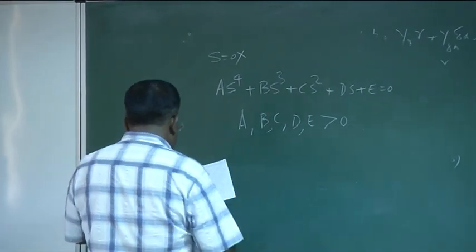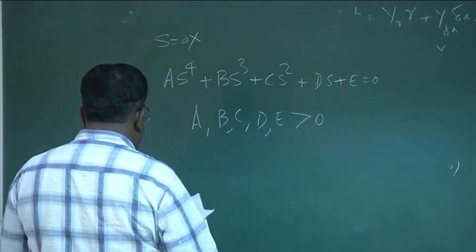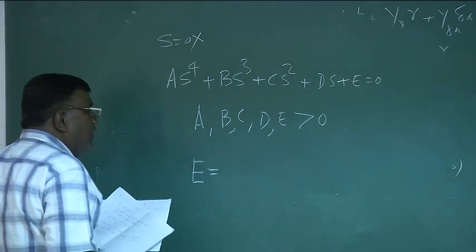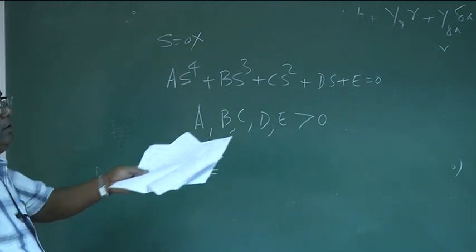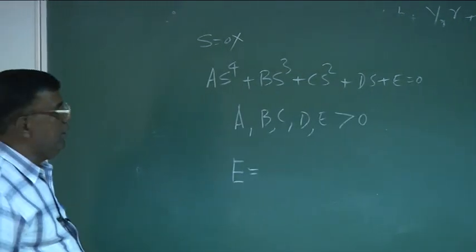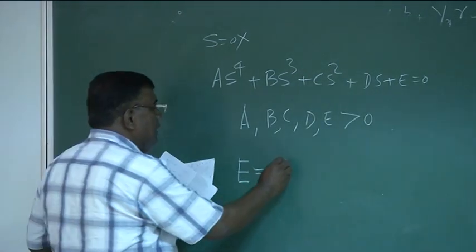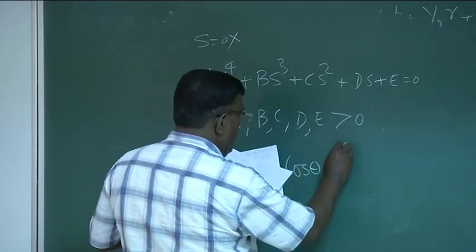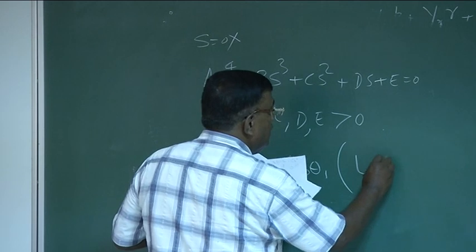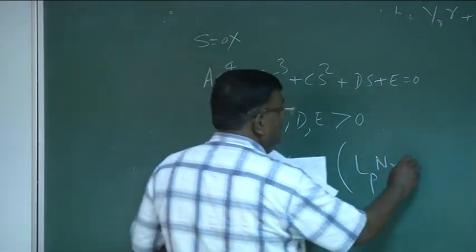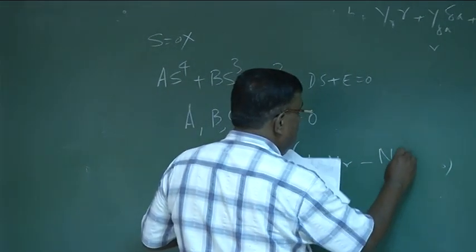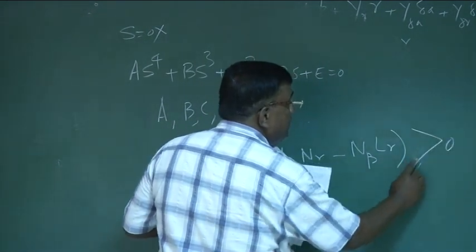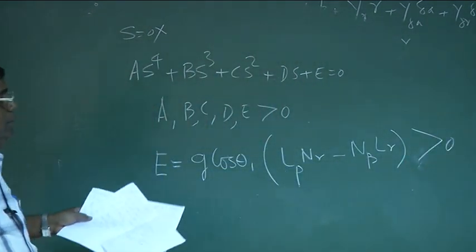So here also, interestingly, if I see the expression of E, which I have not derived here, but you can do it yourself, nothing great, if you take the determinant you will find E is something like this: G cos theta 1 times (L_P N_R minus N_beta L_R). So the condition of E greater than 0 is this, right?